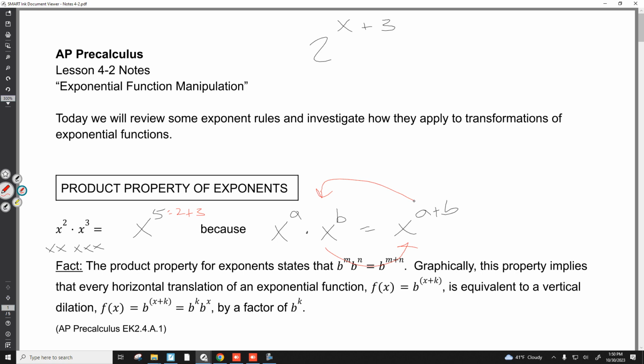If I say, what is 2 to the x plus 3 equal to, what would you tell me it's equal to? Tell your neighbors, what do you think 2 to the x plus 3 is equal to?